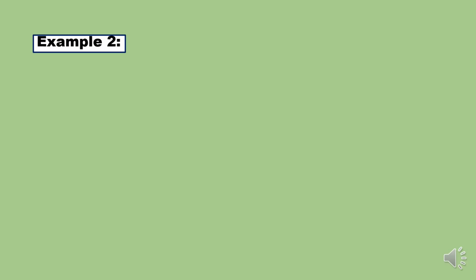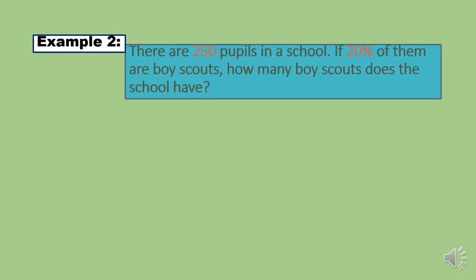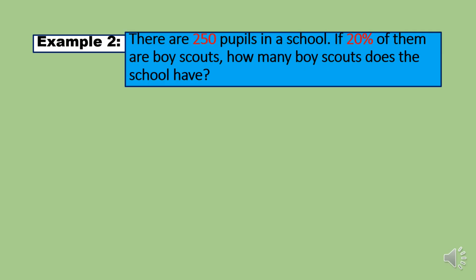Example 2 for finding the percentage. There are 250 pupils in a school. If 20% of them are Boy Scouts, how many Boy Scouts does the school have? So, ang rate is 20%, base is 250, and hahanapin natin ang percentage.